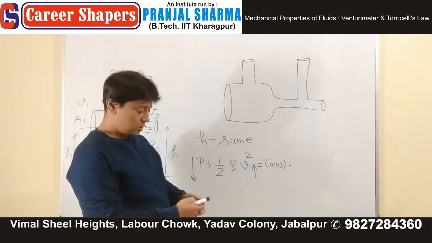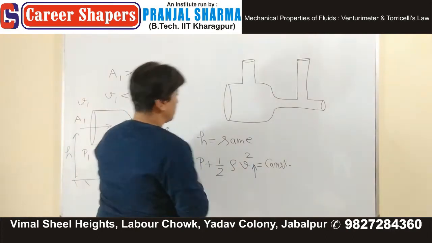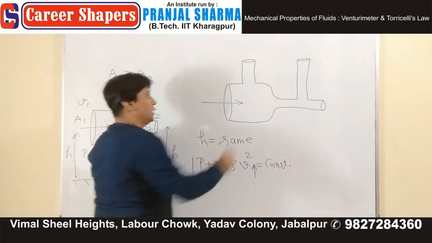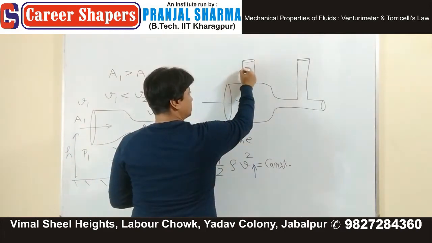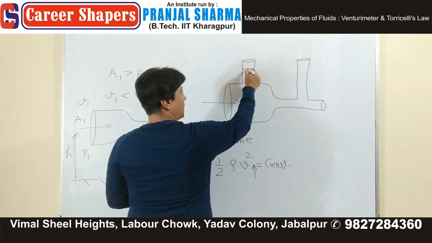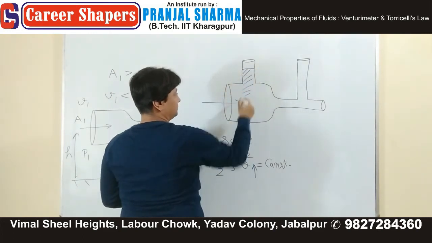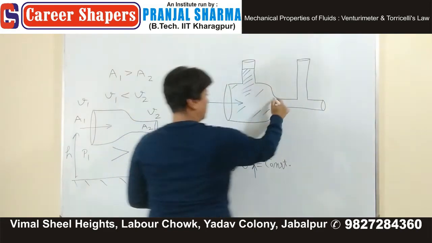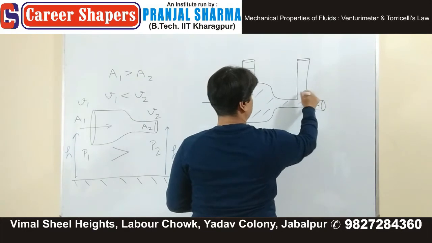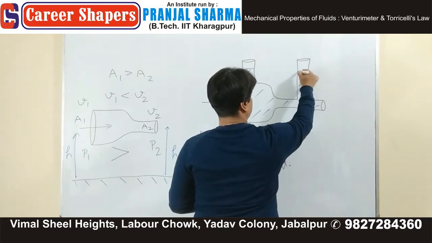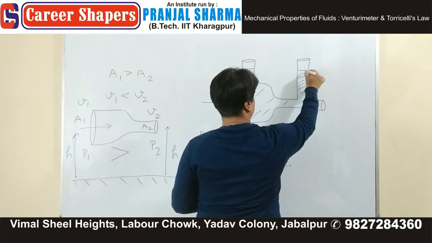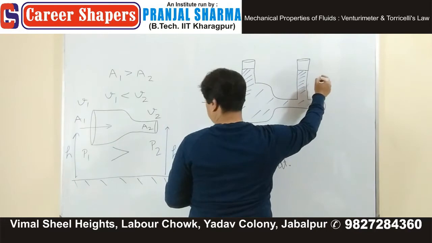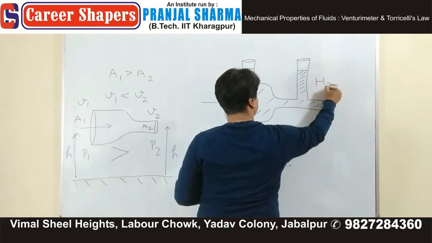So, the question is, water is flowing through the pipe. In this, water level is up to this height. The whole thing is water. Let's say this height is capital H2.